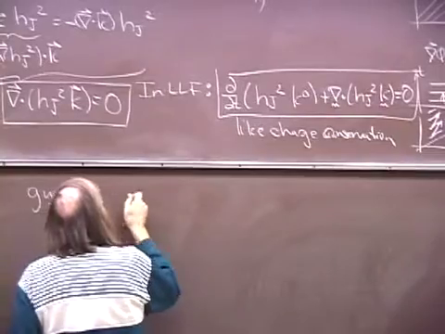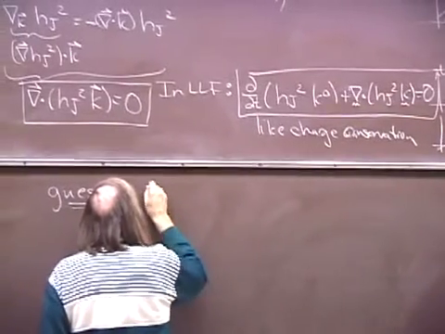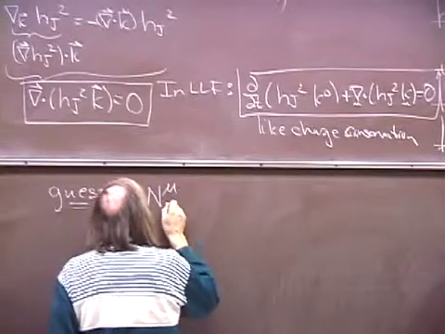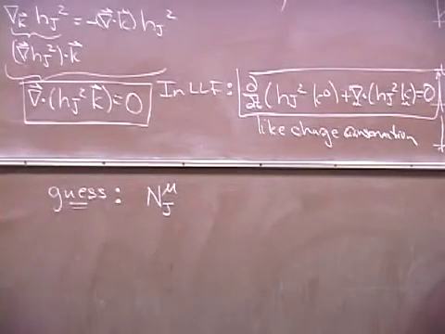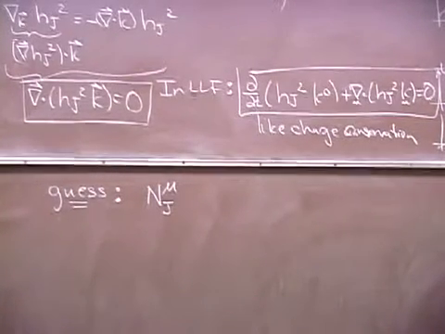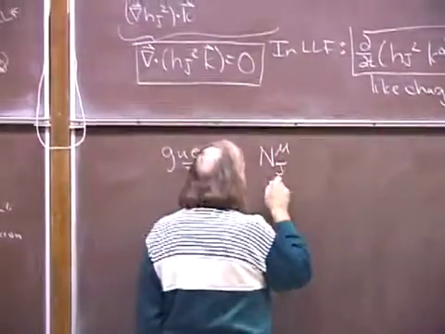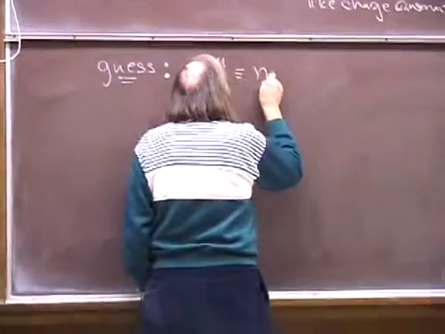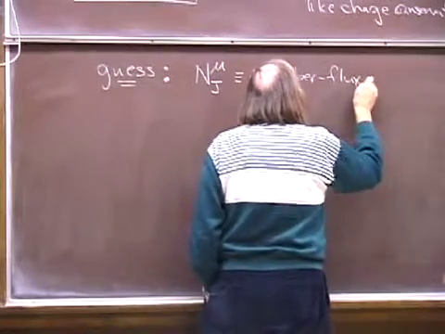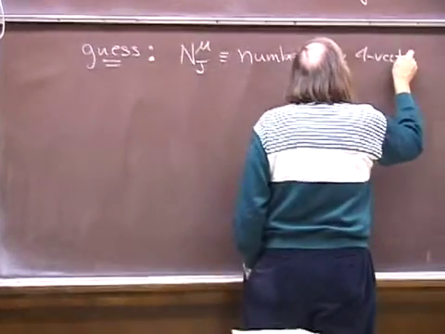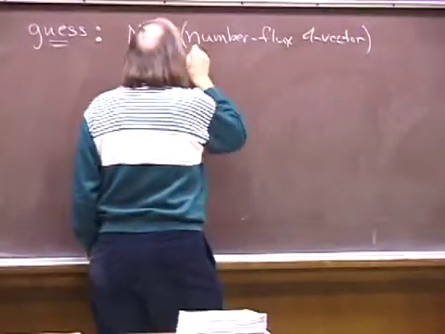that the number flux 4-vector for gravitons of type J, that is plus polarization gravitons or cross polarization gravitons. So let's call that the number flux 4-vector. It's like the charge current 4-vector.